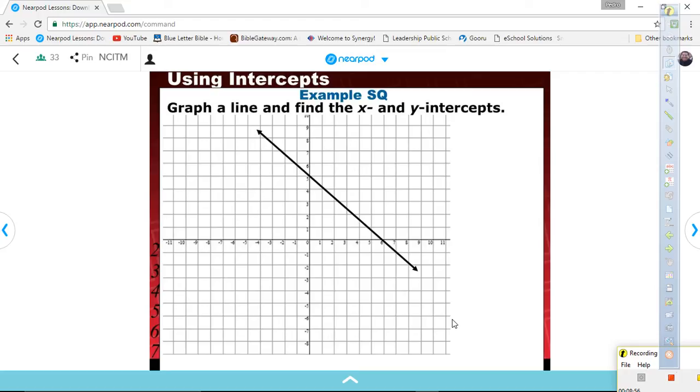For example, super Q, turn the paper over. I want you to place a point on the Y-intercept. Write your coordinate and label it. Do the same thing for the X-intercept, but with blue. Write your coordinate and label it.